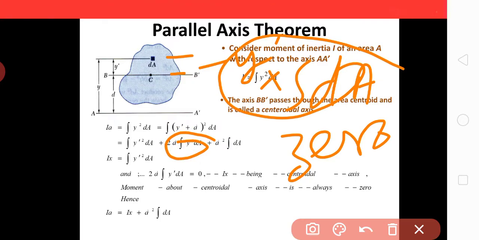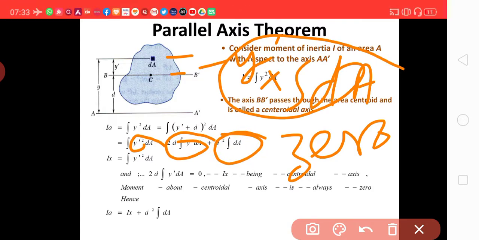This is Ix, and this is d square integral of dA. So you can say Ia equal to Ix plus d square integral of dA. What is d? d is the distance between the centroidal axis and the axis under consideration.